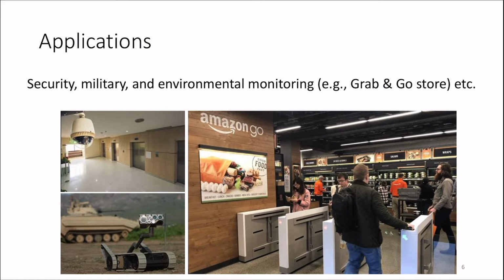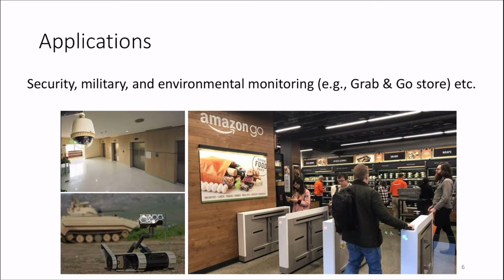And also the environmental monitoring, for example, the grab and go store. I'm not sure if you have had a shopping experience within this kind of environment. This picture is taken from the Amazon Go store. This grab and go store is very interesting and very useful.